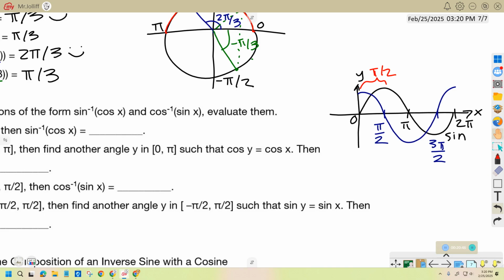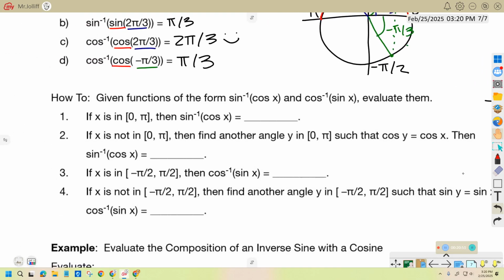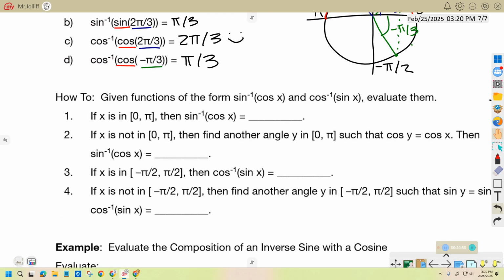So let's look at the process. Deep breath. I'm going to scooch you back over because we've seen those graphs. The reminder is it's always the inside function that determines your domain. So if we are looking at sine inverse of cos, the domain of cos is the thing I'm worried about. If I'm looking at cos inverse of sine, sine's the inside guy, sine's domain is the one I'm worried about.